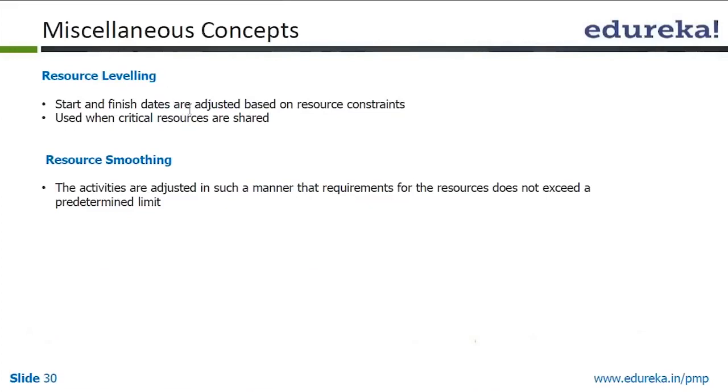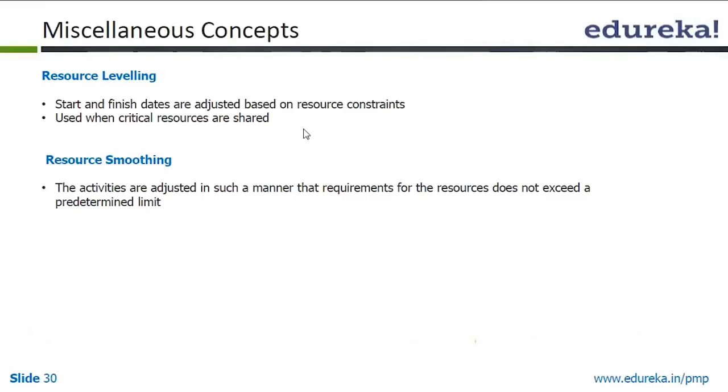So resource leveling, start and finish dates are adjusted based on resource constraints. It is used when critical resources are shared. So you need a specific user experience expert, and you need that expert to go through your user interfaces and give his or her comments or suggestions. After that only you will be able to finalize the design of the user interface.